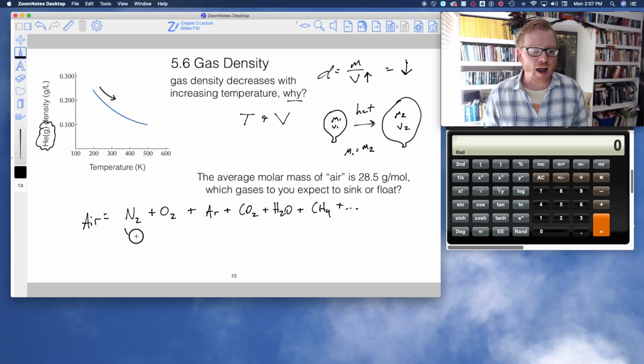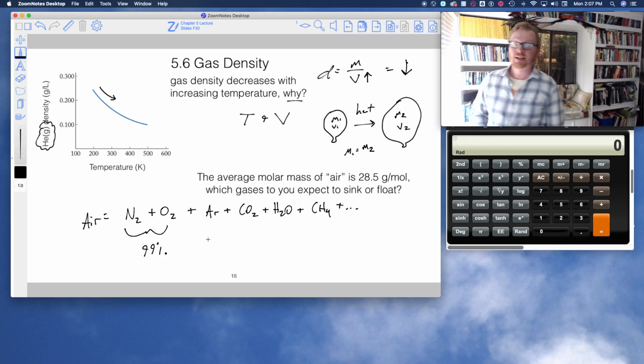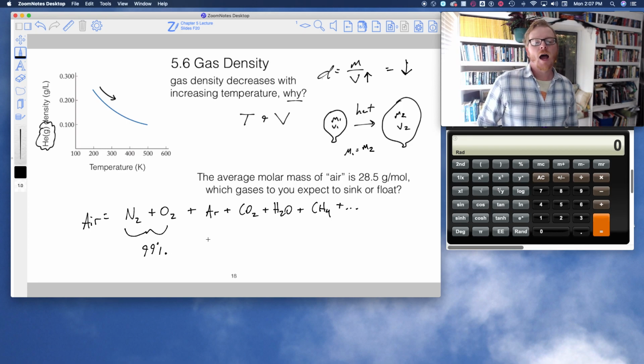The nitrogen and oxygen, as we'll see, is about 99% of that air. But all the same, there's all of this stuff in air. And that's why it has some average molar mass, right? Because we have an exact molar mass of each of these compounds, right? Nitrogen, we know, is 28 grams per mole.